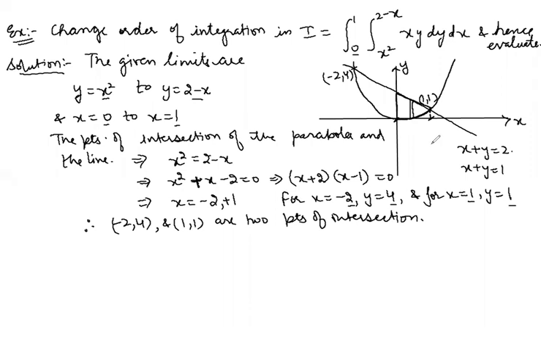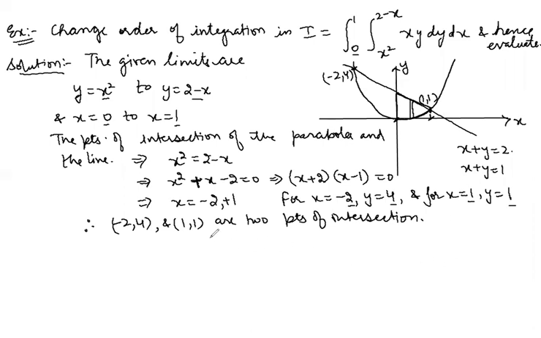Okay, very good. Two answers, both right. So x will change from minus 2 to 1. Instead of 0, we will start placing the strip over here. It will cover the whole region. It will be from minus 2 to 1.